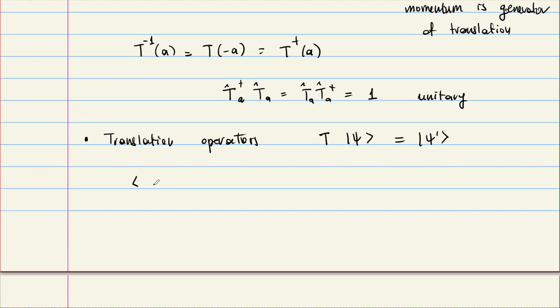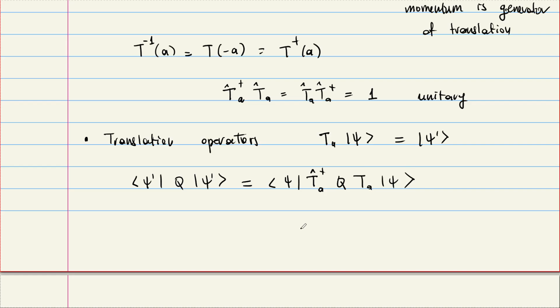And I want to look at an observable in this psi prime: psi prime Q psi prime is equal to, right? I can just use this condition. This is psi, and this is bra side, so this is going to be T dagger A, Q, and there's T A psi.